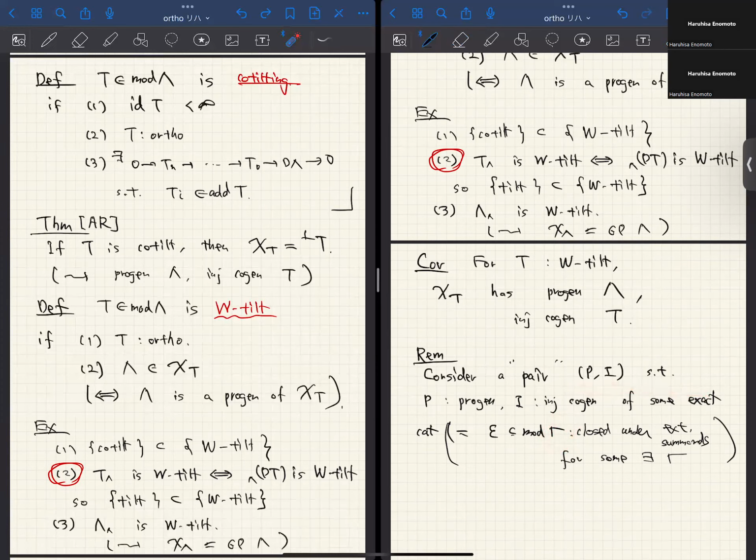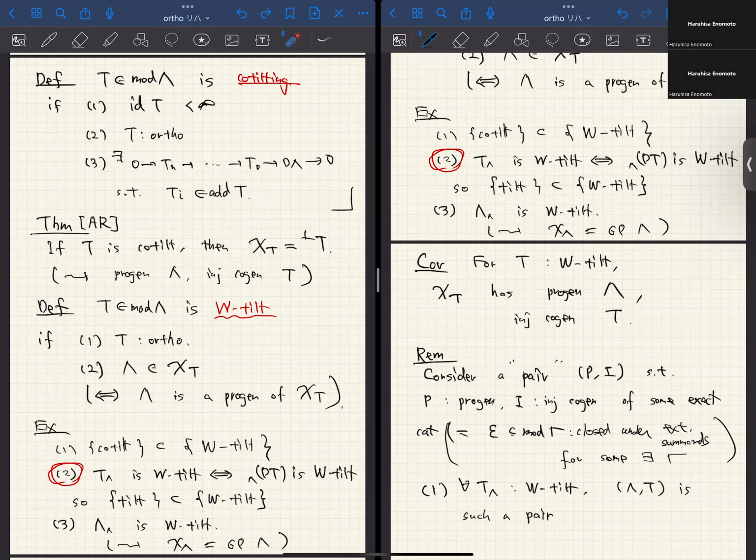Then the above corollary says that for a given Wakamatsu tilting module over an algebra lambda, (lambda, T) is such a pair.